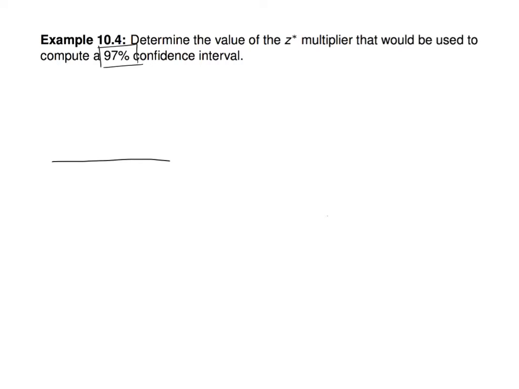And here's the picture associated with that. We have this bell-shaped curve. We want Z star values so that the middle area is 0.97.